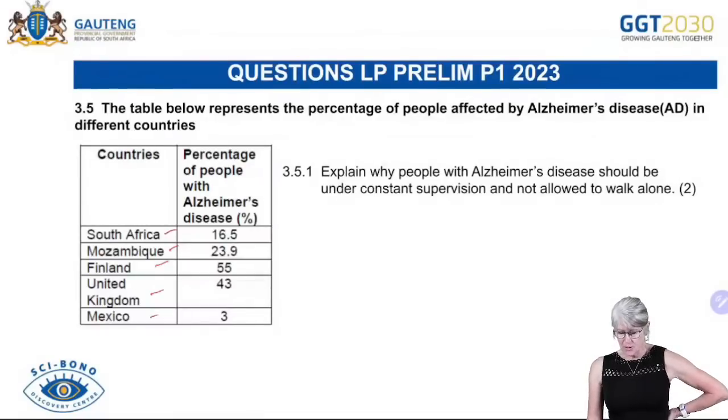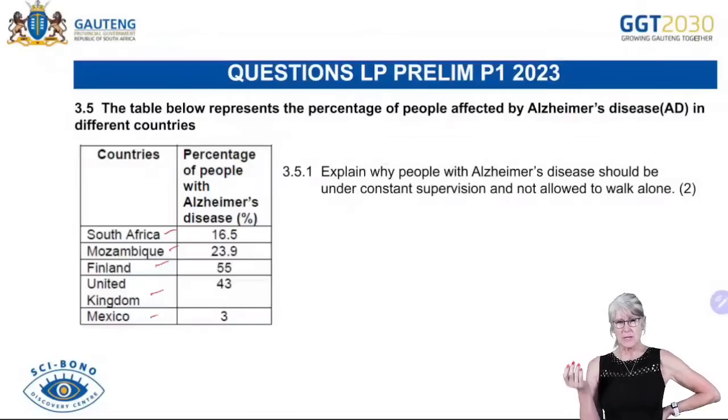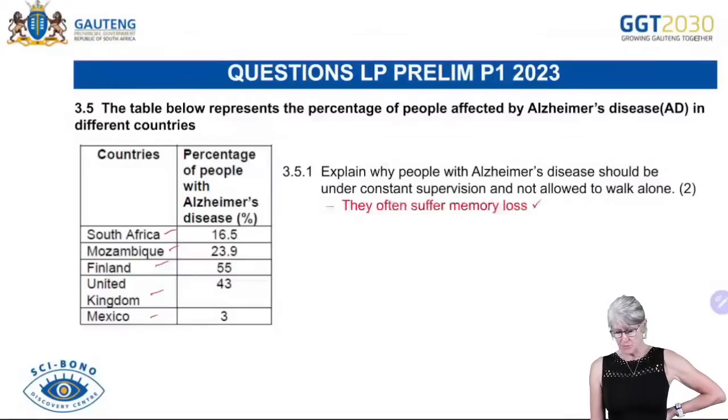Right, the first question they ask, they say, explain why people with Alzheimer's disease should be under constant supervision and not allowed to walk alone. Okay, so remember, when Alzheimer's occurs, the nervous system or the neurons start to degenerate. And so what happens is people then become confused. They often suffer from memory loss.